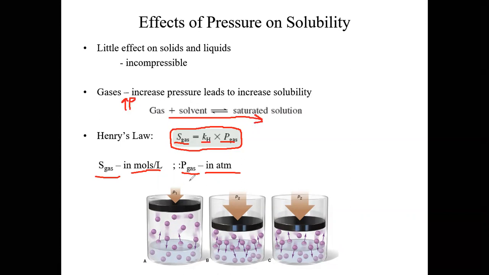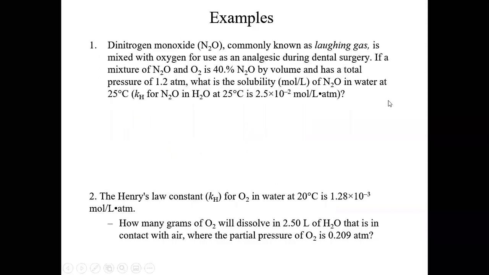So more molecules of gas leave, the pressure reduces, less gas is soluble, so more gas comes out of solution. So just a few examples of Henry's law. For example 2, I have the answer in the notes section of the PowerPoint, but for example 1, we'll work it out.